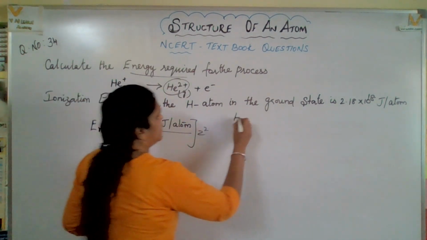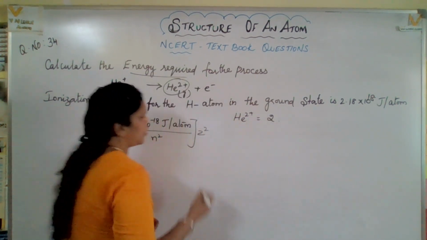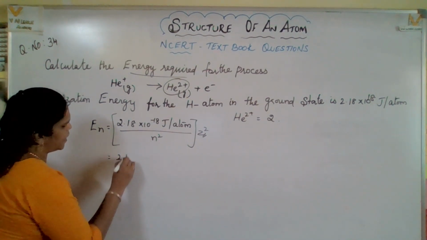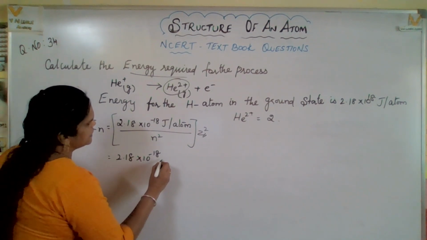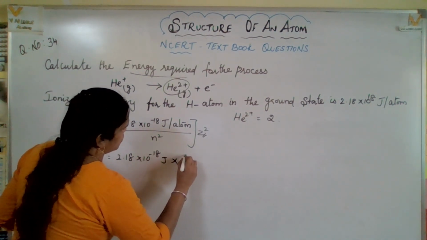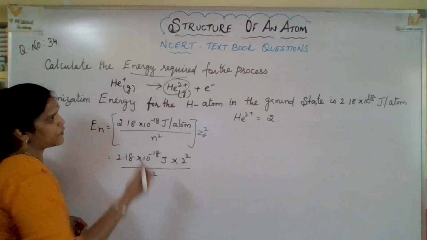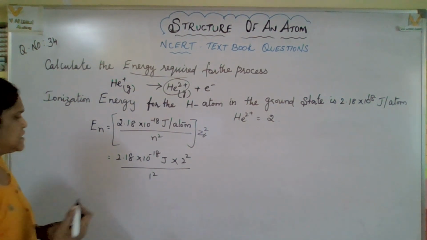So helium He2 plus is equal to 2, the atomic number. So let us apply the value here. 2.18 into 10 to the power of minus 18 joule into 2 squared divided by 1 square, since from the ground state they mention n1 and n2, so you will get 1 square.